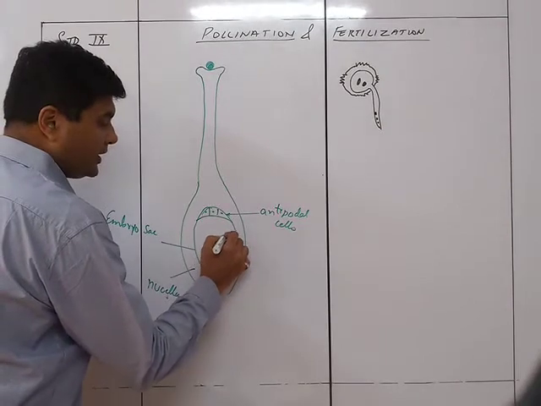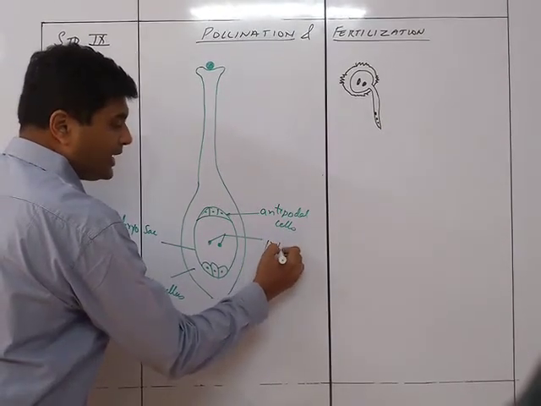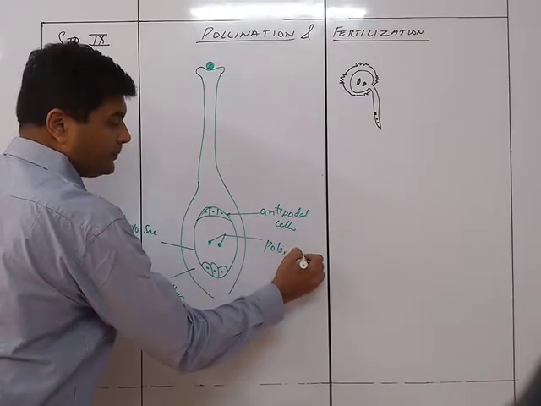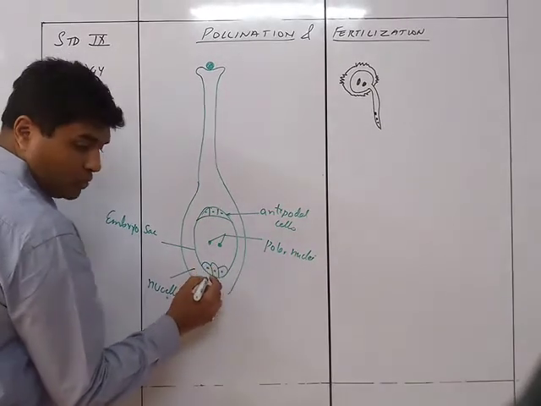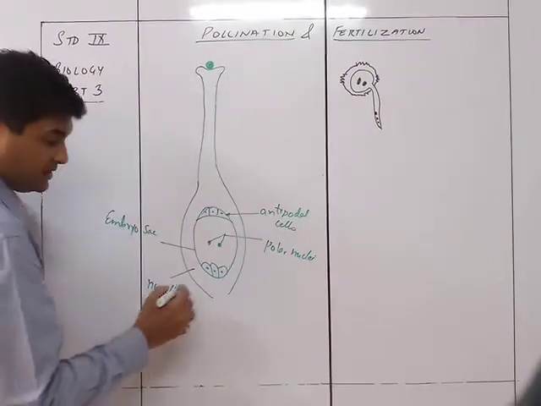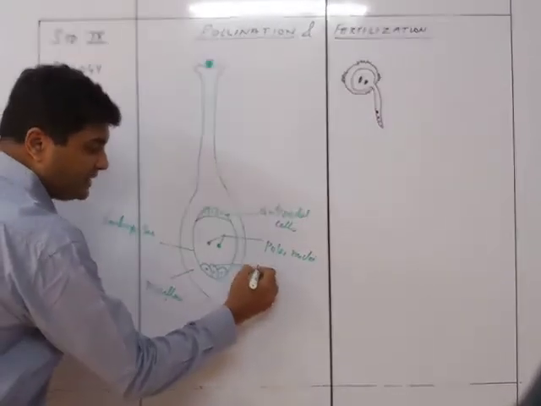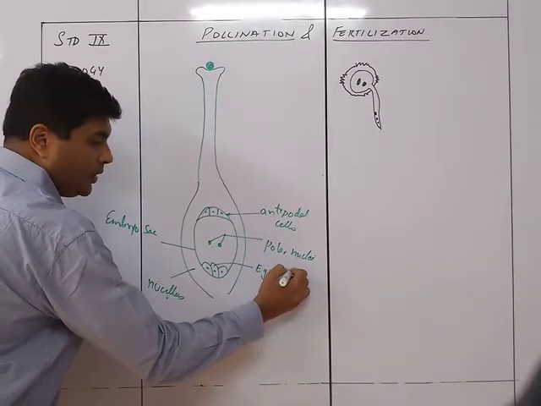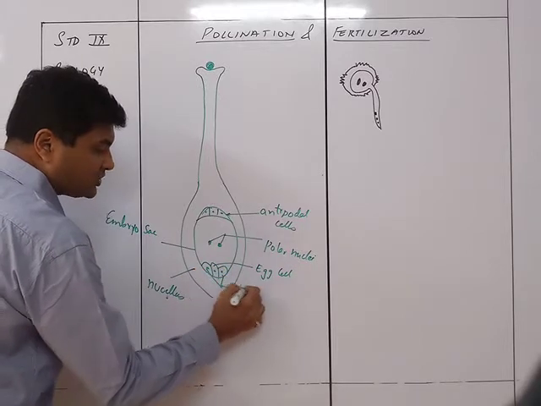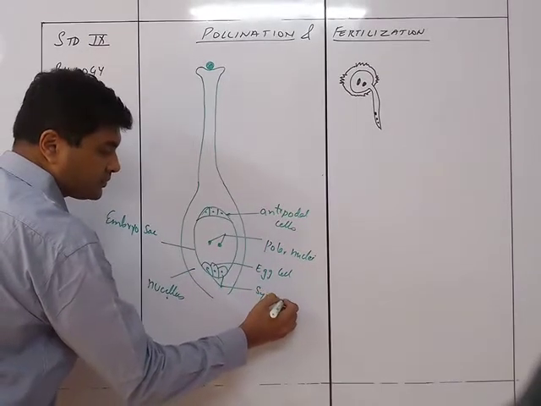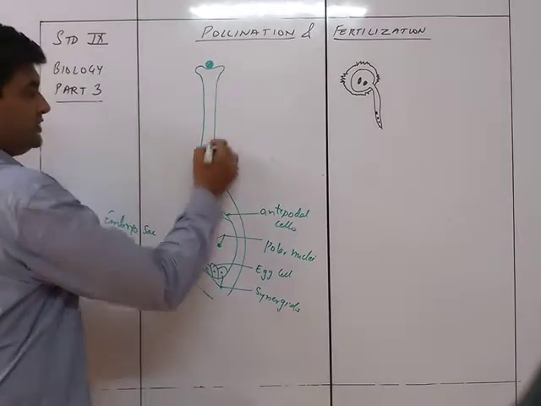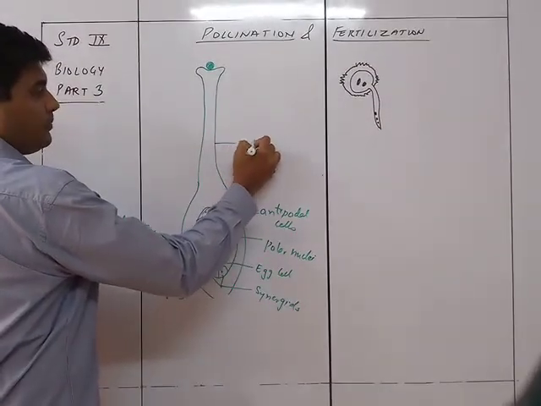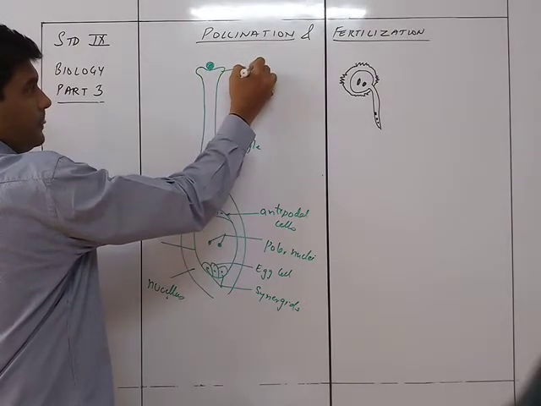These two are called the polar nuclei, the middle one is the egg cell, whereas the outer ones are the synergids. Of course, this is the style and this is the stigma.